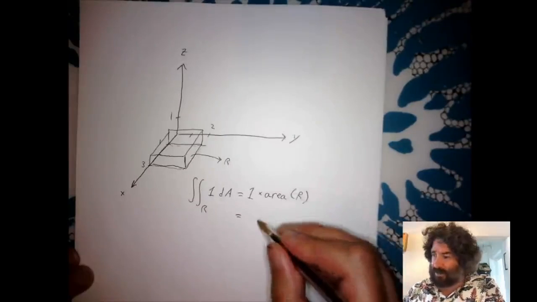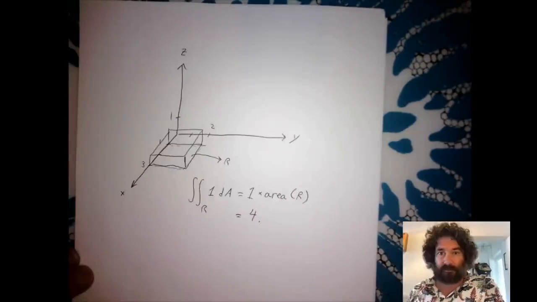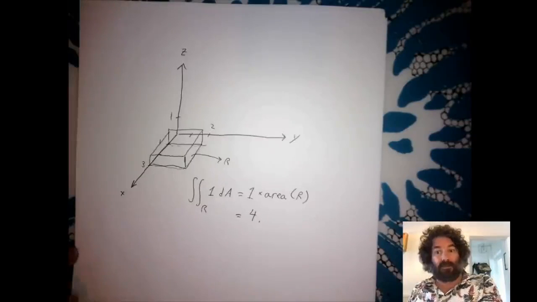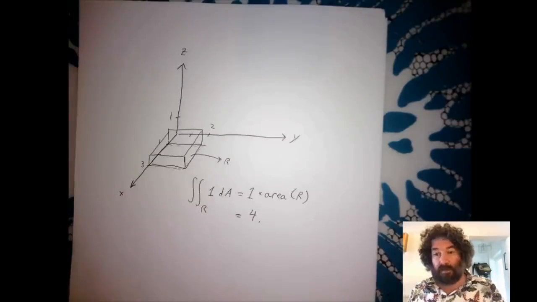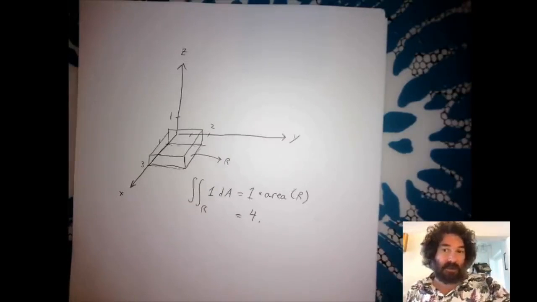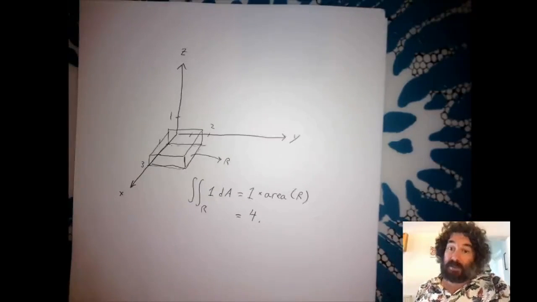This is 1 times 2 times 2, so 4. 4 is the volume of this cuboid, and that's the double integral. So in this case, we can just say what the double integral is, just because we know that it gives the volume of this region below the graph and above the xy plane.